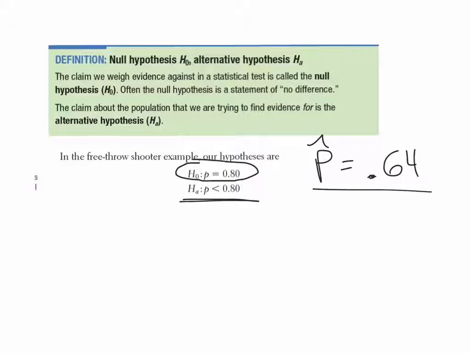So we have his null hypothesis that he's an 80% free throw shooter, but since he shot less, now we're starting to consider, hey, maybe you're not as good as you say you are. And we're going to use statistics to help us determine whether or not we think that's true.